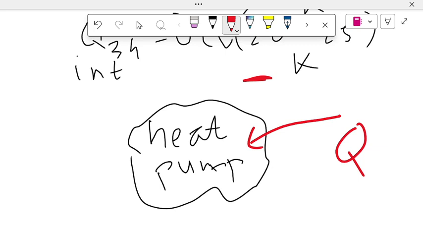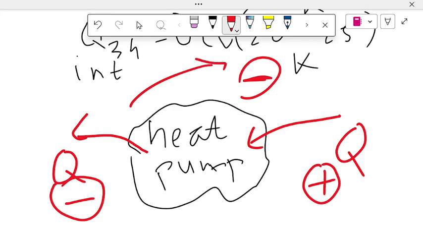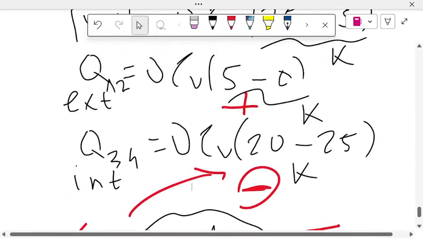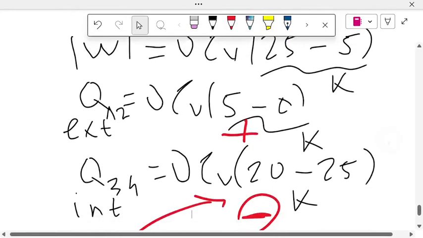If I put heat into the system, this is plus. If I take heat out of the system, this is minus. So this is that case, minus, because I take out that heat. But what we can say about mechanical work will be the same.